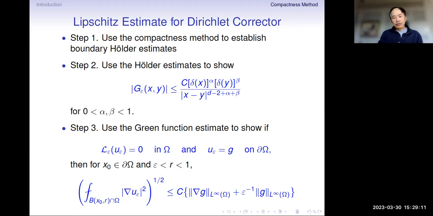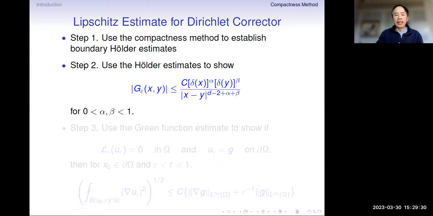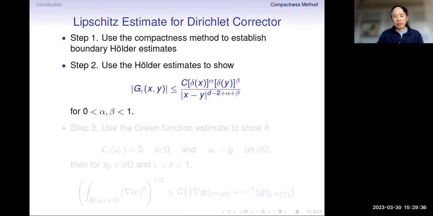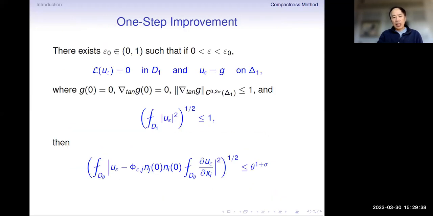Then you prove some large-scale estimate on the boundary for boundary data of spectral type, say in the theorem in step 3, and then you can do the iteration. Then you can prove this lemma, and then you can do the compactness in this particular form.